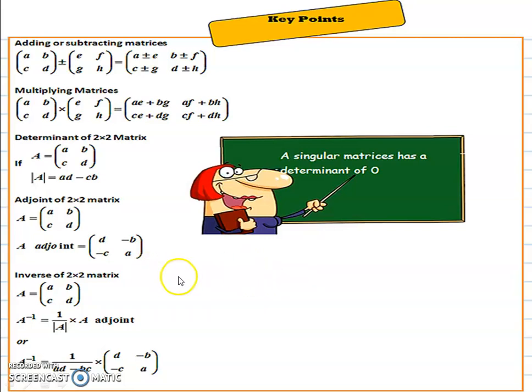All the tricks are available for 3 by 3 matrices also. In addition, we take the position elements for addition and subtraction. In multiplication, always first row first column, first row second column, second row first column, second row second column. Determinant is AD minus BC. The adjoint is the reverse of the diagonal elements, and then we change the sign.